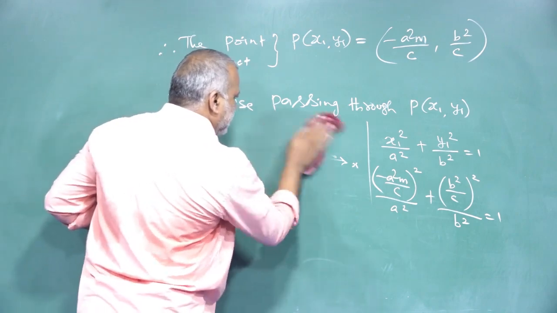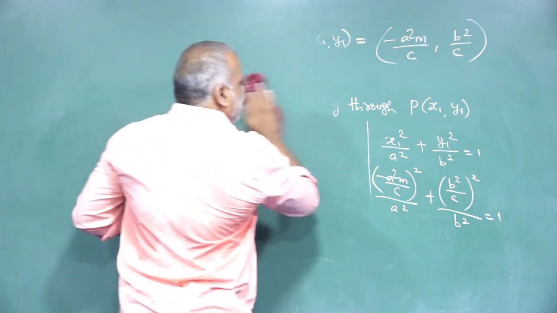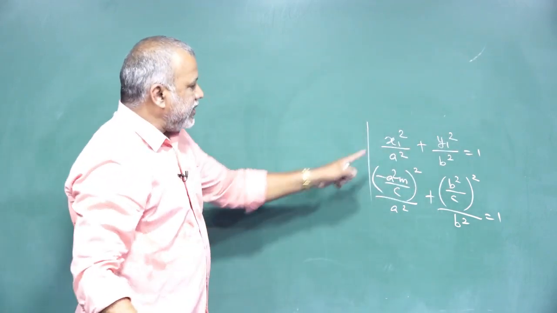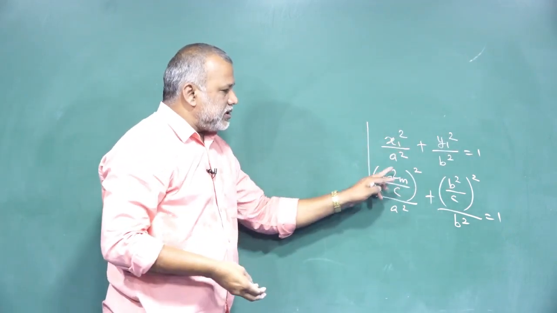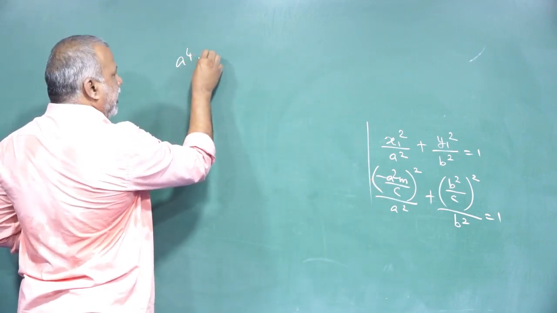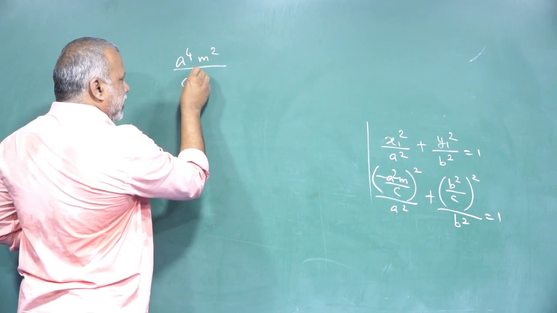Now listen to this. Instead of x1, y1, we are substituting. Just squaring this value, the negative will become positive: a power 4 m squared divided by c squared.